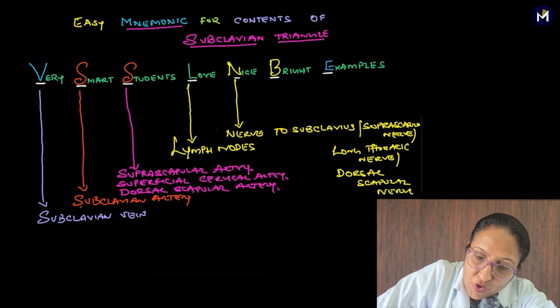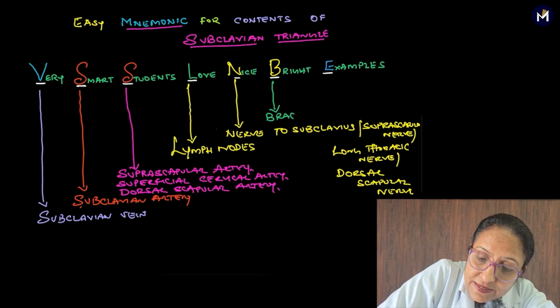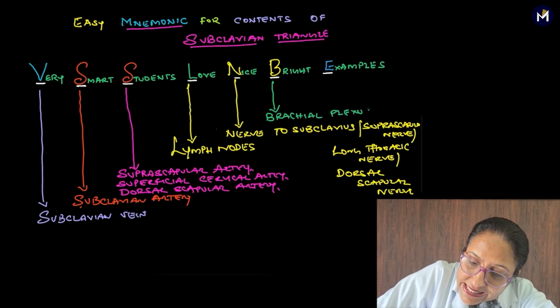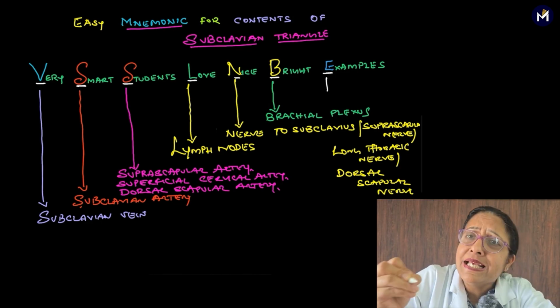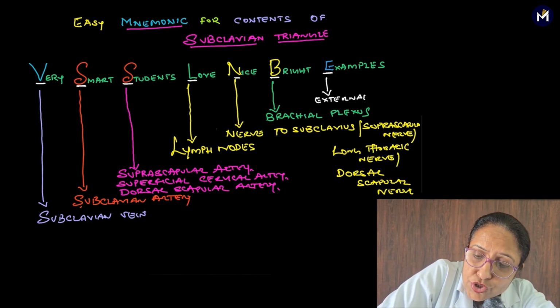B stands for the three trunks of brachial plexus and E stands for the terminal part of the external jugular vein. So we are done with the boundaries and contents of the posterior triangle.